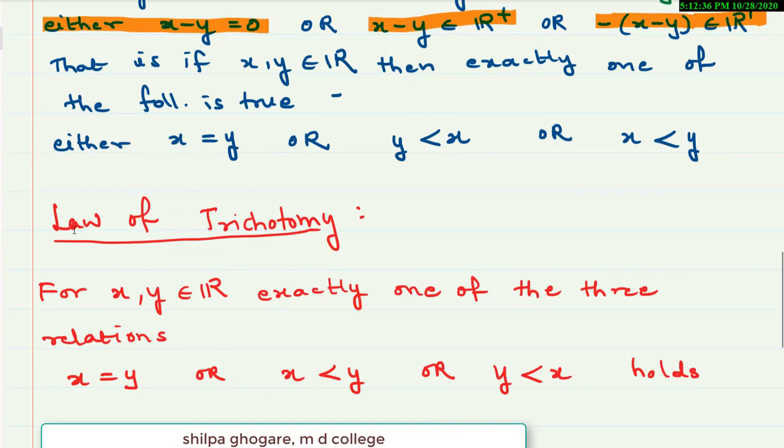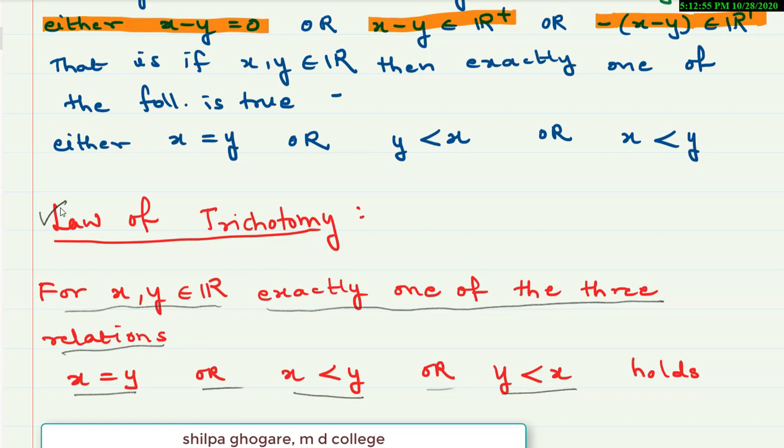So now we can also state the law of trichotomy in the following way. For x, y belonging to R, exactly one of the three relations, x is equal to y, or x is less than y, or y is less than x, holds. So you have law of trichotomy stated in two different ways.